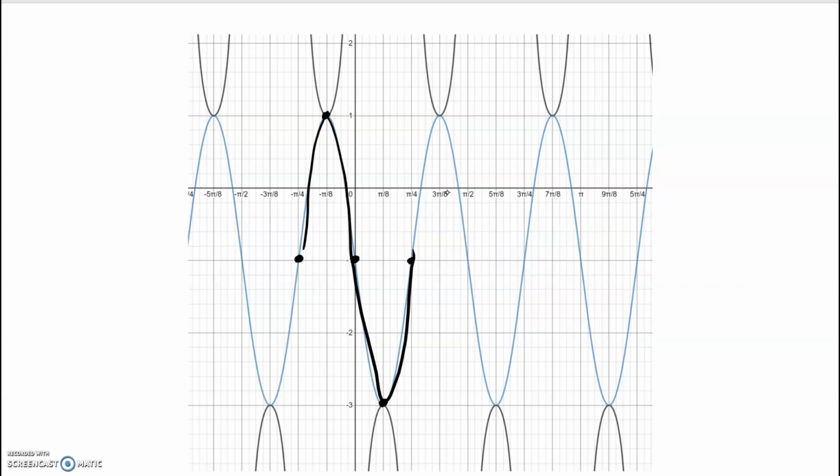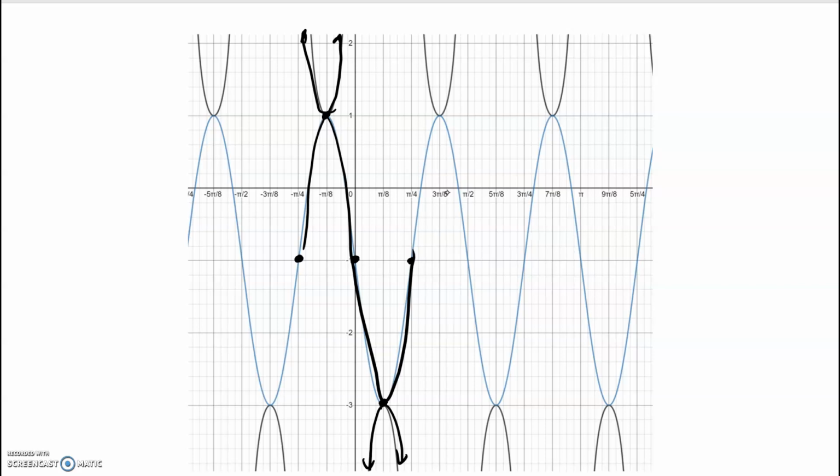So wherever I have a maximum, that's where I'm going to have an upwards parabola. Wherever I have a minimum, that's where I'm going to have a downward parabola. And then wherever sine is 0. Now remember, in the first part, I said it doesn't always have to be where the sine function or the cosine function crosses the x-axis when we do transformations.